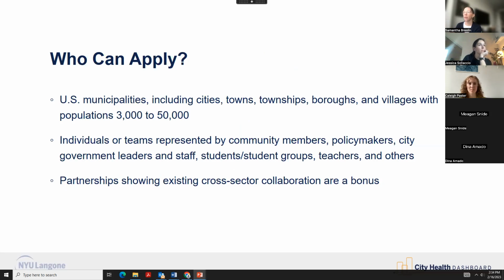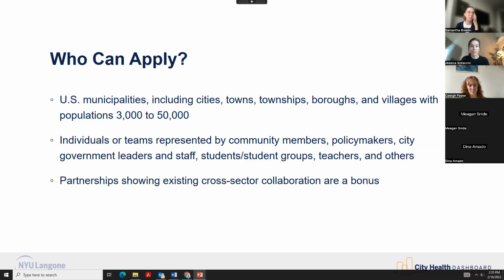And so who can apply? Any city, town, borough, village, township, what have you, is able to apply for the challenge as long as their city falls between a 3,000 to 50,000 population. The cities that we took last year fell quite nicely in that range.